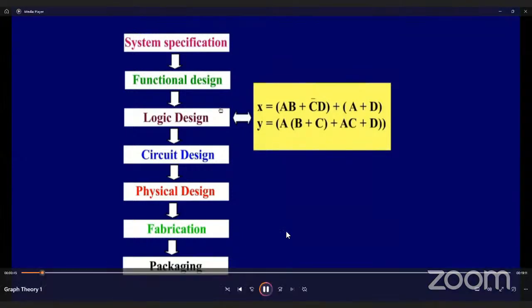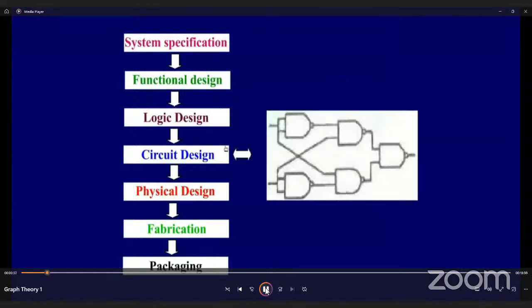And then from that, you implement this into the so-called circuit design. The circuit design is the physical implementation of the logic design that you specified and defined.